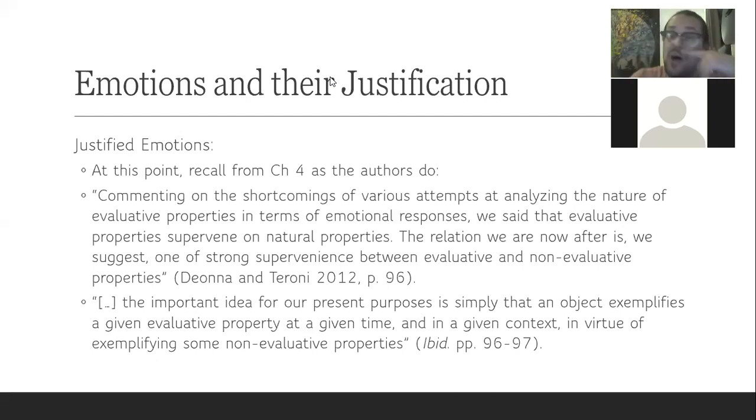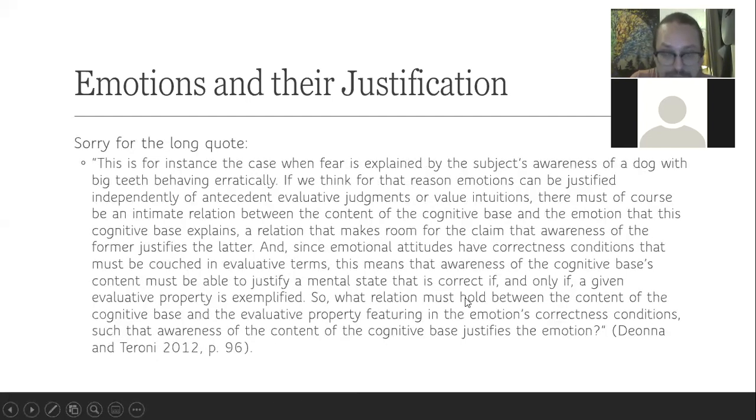And that can also help us make the justification conditions clear, right? So, having said all that, we know about correctness conditions. We know where the content is fixed and how that makes emotions maybe better understood as attitudes rather than judgments. Now we've got justification conditions. What we're looking for here is some kind of relationship between the content of the cognitive base and the evaluative property featured in the correctness conditions, right?